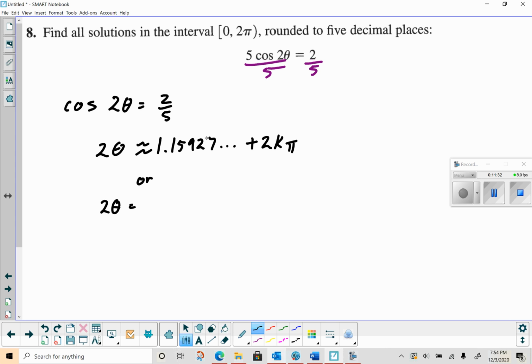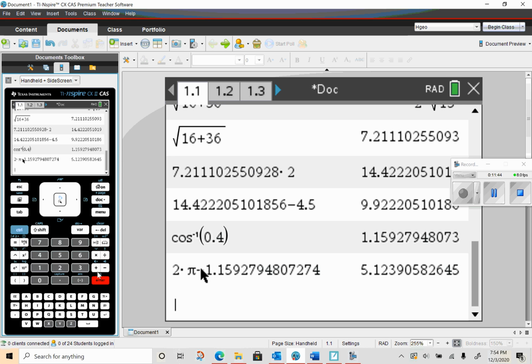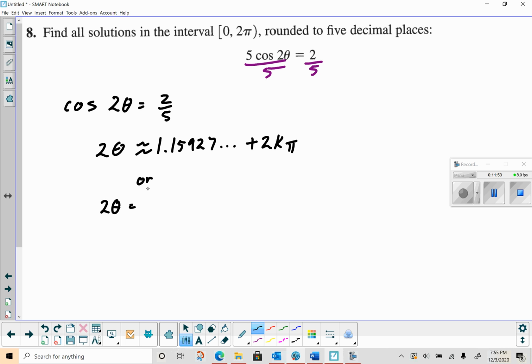So I need to take 2 pi and subtract this value to give me the starting point for my second set of solutions. 5.1239, etc., approximately equals 5.1239, blah, blah, blah, plus 2k pi.